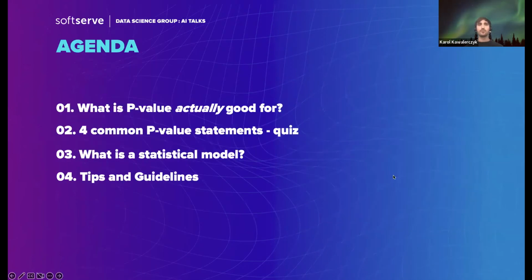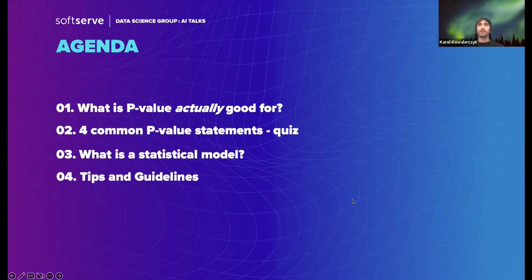What I would like to talk to you about today is p-values. We will start with introducing what a p-value is actually for, so that we all have a common understanding of it. I will ask you to join a quick quiz. It consists of 4 p-value statements that I will ask you to answer true or false. We will see later what the general knowledge about the p-value is.